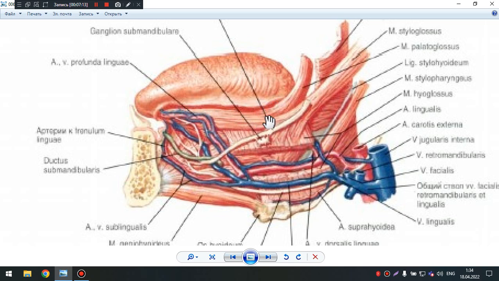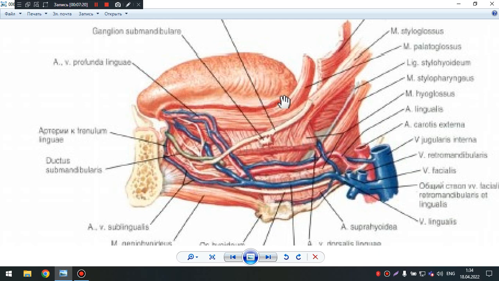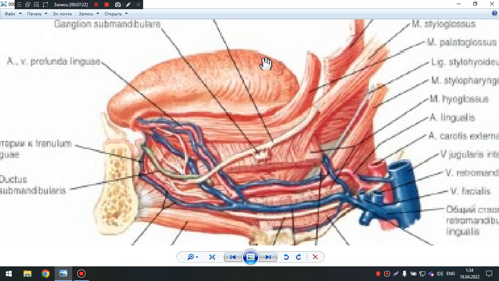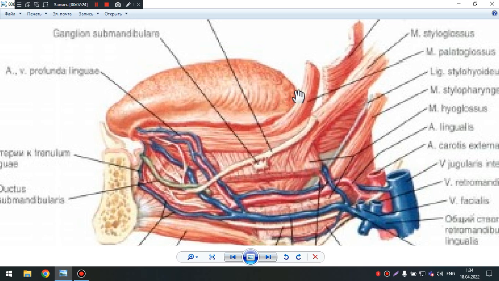And dorsal artery of the tongue, which lies along the middle line on the dorsum of the tongue, between mucosa and aponeurosis of the tongue, and blood supplies the mucosa and taste papillae.